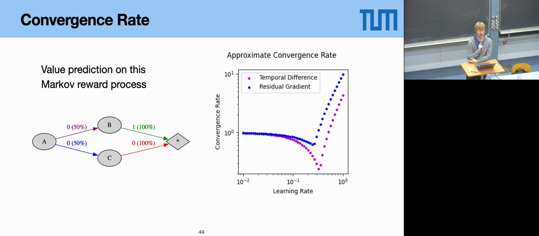Maybe as an explanation, what is the convergence rate? It's the factor by which a loss decreases or increases in each step. If a convergence rate is larger than 1, the loss increases, so it diverges. If it's smaller than 1, the loss decreases, so it converges, and the smaller it gets, the faster it converges. So in that way, the purple curve is consistently better. It's independent of the learning rate.